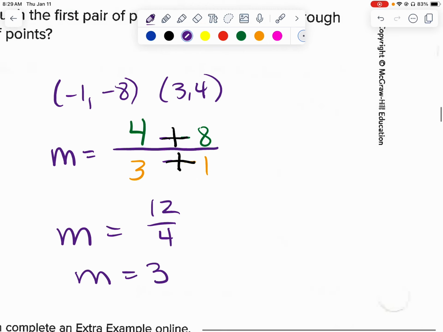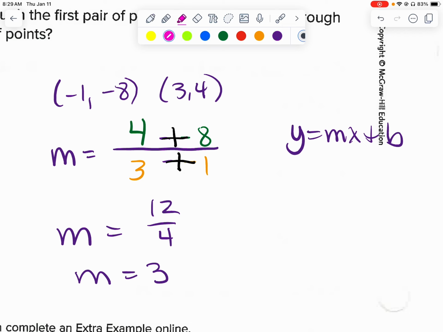Now, great, it's 3, but neither one of those points is the y-intercept, so I need to find the y-intercept. I'm going to take the equation y equals mx plus b. I'm going to pick this one right here, because it has positive numbers.